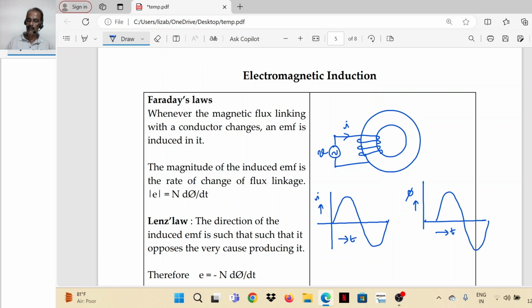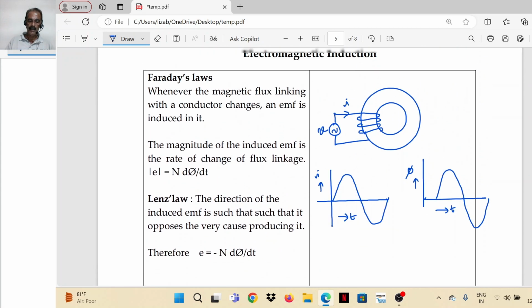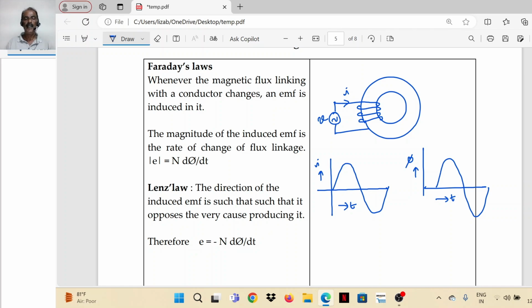So for the induction of EMF in a conductor, the essential condition is that there should be a relative motion between the conductor and the magnetic field. If the conductor is stationary, then the magnetic field should be moving or time varying. If the magnetic field is steady, then the conductor should be moving in the magnetic field.